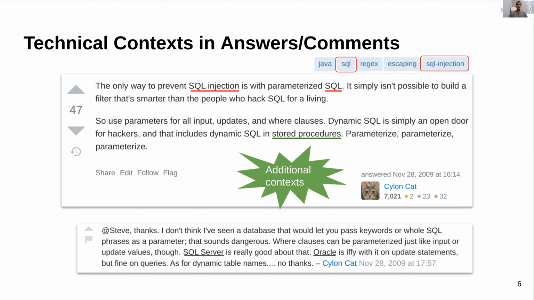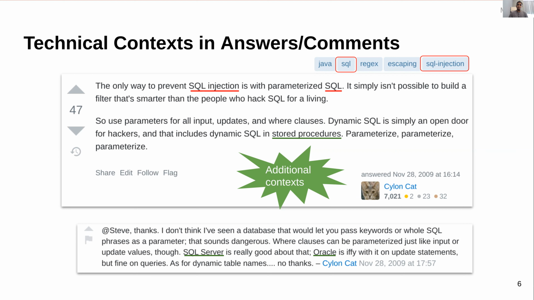We think clearly emphasizing the additional context available in answers or comments could help users navigate through long Stack Overflow threads efficiently. For example, a user can decide whether to read an answer or a comment or skip it simply because there is something not of interest to them.